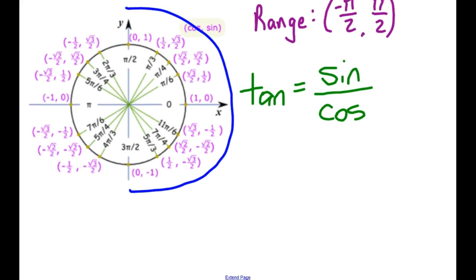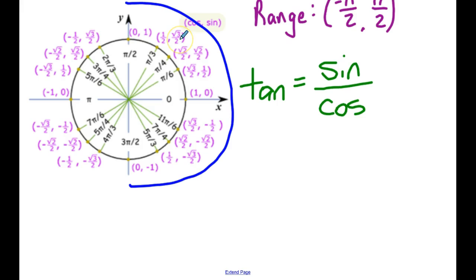So if we would divide those two values, if I would take radical 3 over 2 and divide that whole thing by 1/2. Now if we're dividing two fractions, we just multiply by the reciprocal.